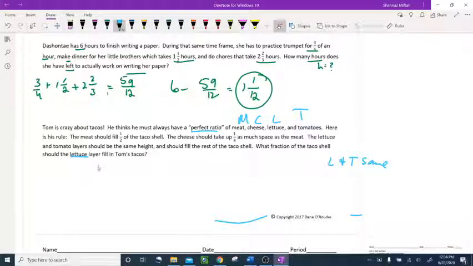Okay, let's try. He has a taco. Half of the taco is gonna fill up with meat, right? And then another 1/4 is cheese. When I add them together, I got 3/4. So 3/4 of the space is supposed to be, for example, this is a taco. In 1, 2, 3, 4.